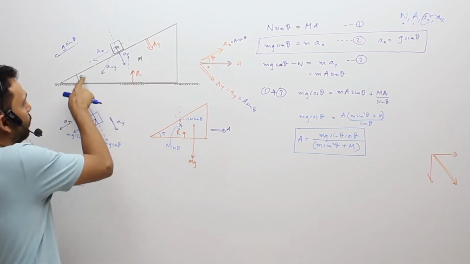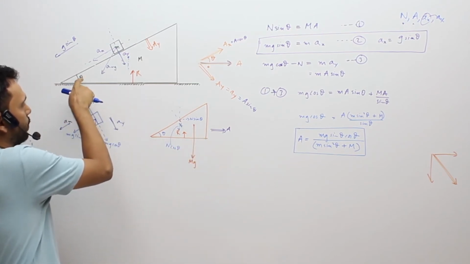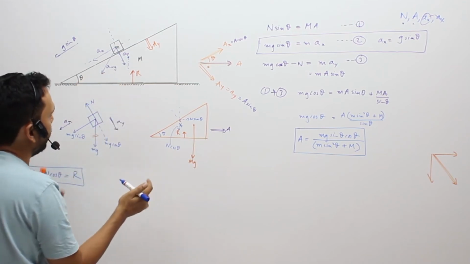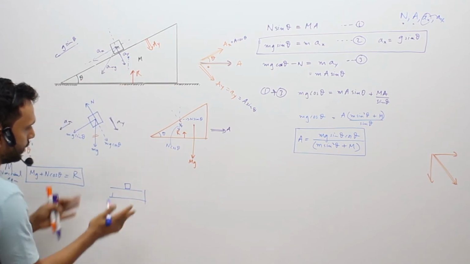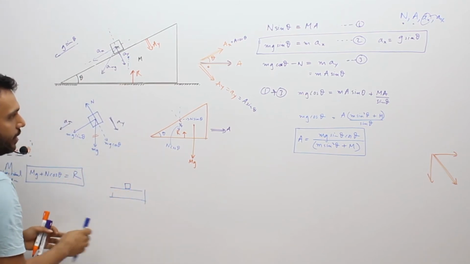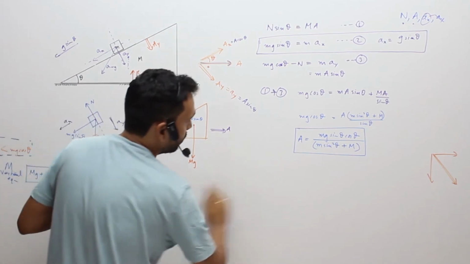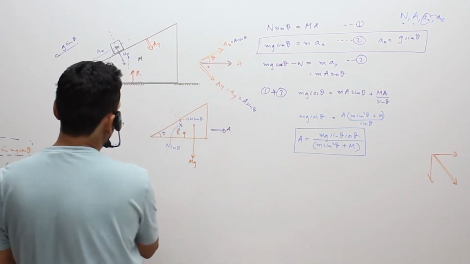If the theta angle was 0, then again it would have been a flat block like this, and just leaving it will not make anything accelerate anywhere. So if theta was 0, this part becomes 0.